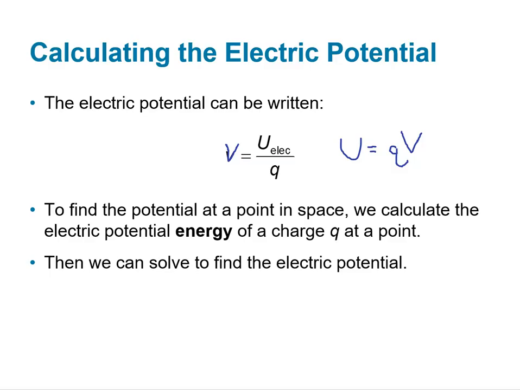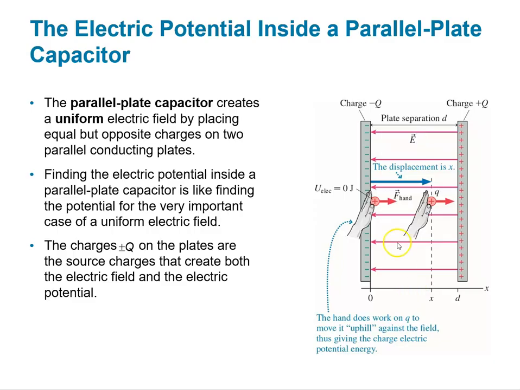We're going to look at a parallel plate capacitor, and we first looked at those in the last chapter. We're going to look at a point charge and then at a charged sphere. And we'll learn how to calculate the electric potential of all of those things. So we know that a parallel plate capacitor creates a uniform electric field. And the electric field always goes from positive to negative.